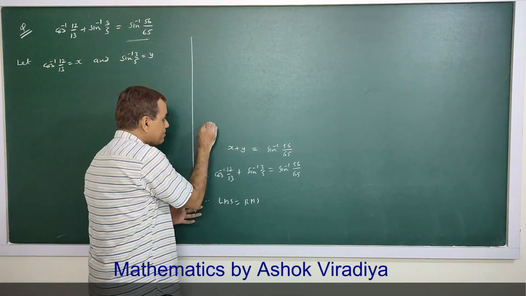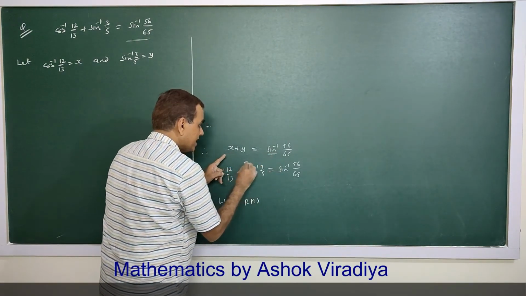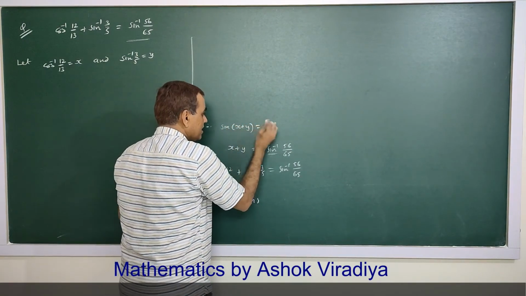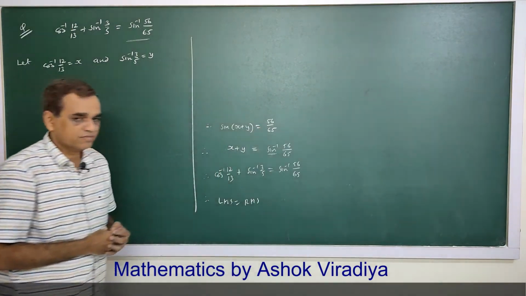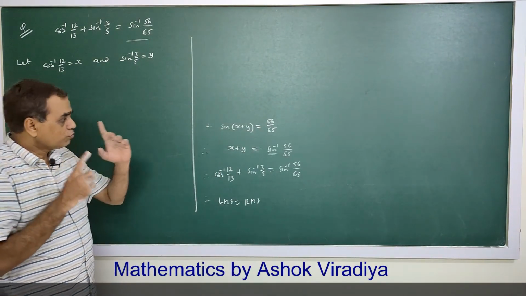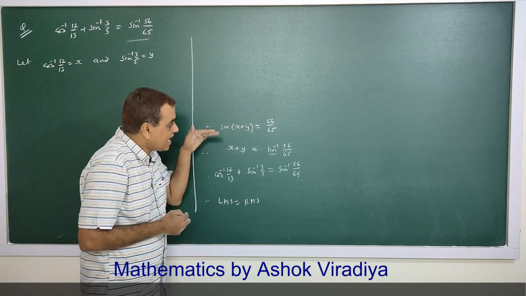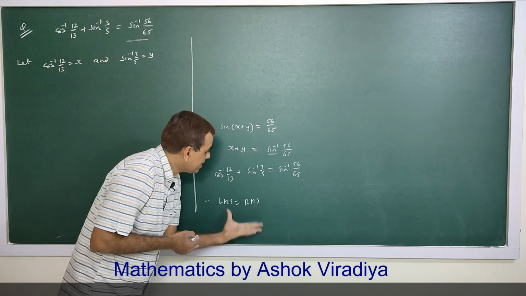To prove this, see, now think: shift sine inverse to this side. So sine of x plus y is 56 by 65. So to prove this statement, we have to prove that statement. Then after getting it, shift sine to that side. So then it will be done.